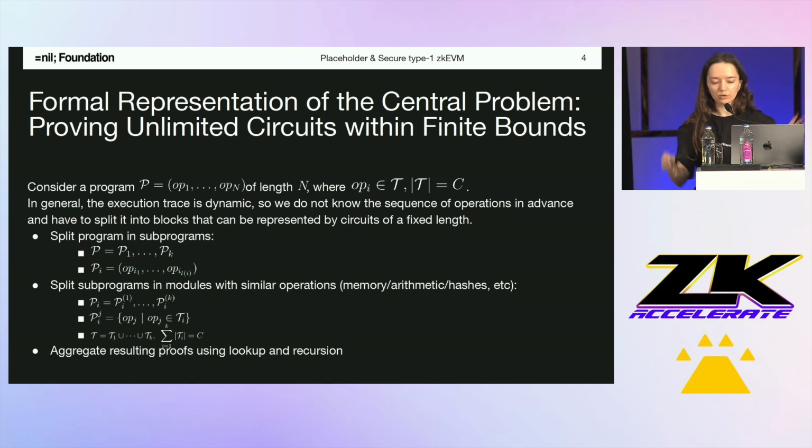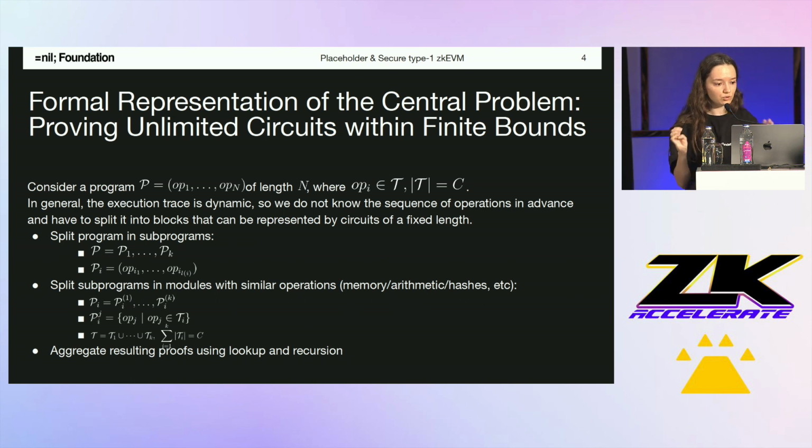We have some program, like the one written here, of unknown length; it can be unlimited. But what matters is that we have a finite set of instructions. So we know what exactly these instructions are, but we don't know the length, or what exactly instructions would be used. We don't know it in advance.